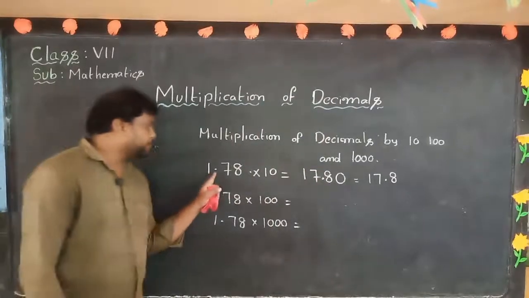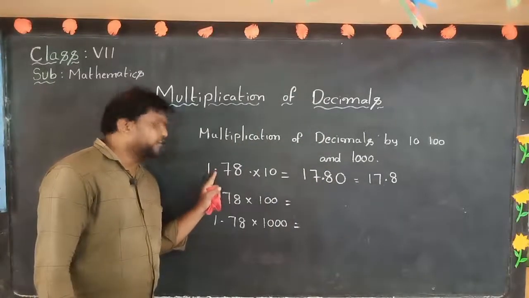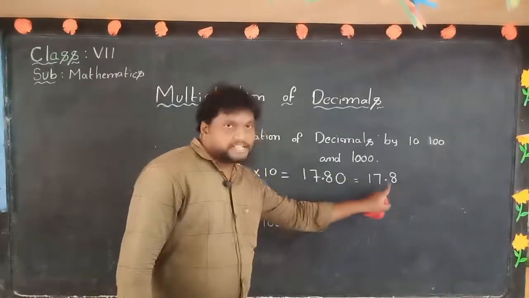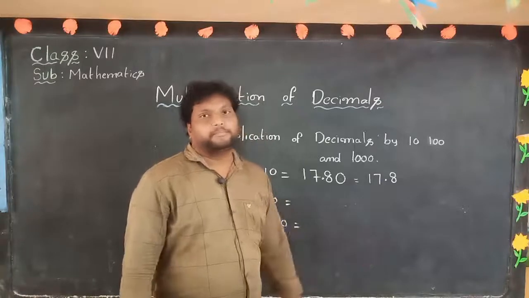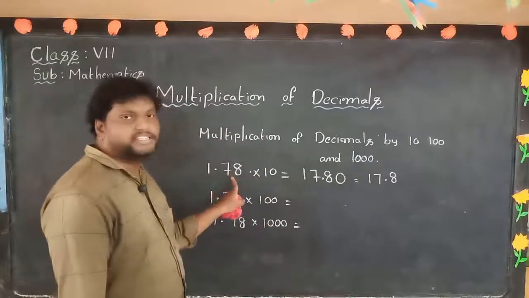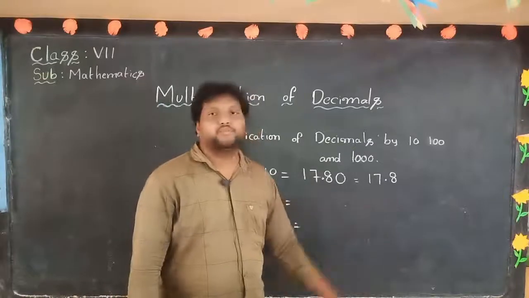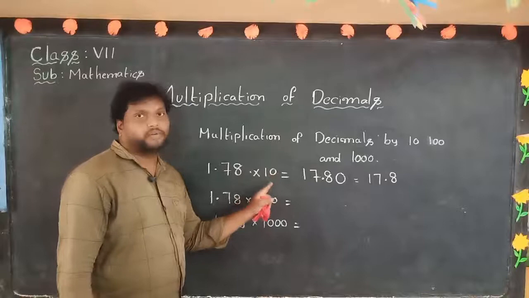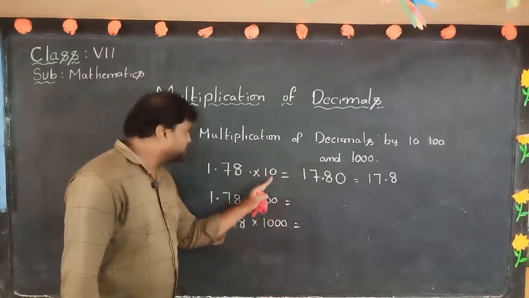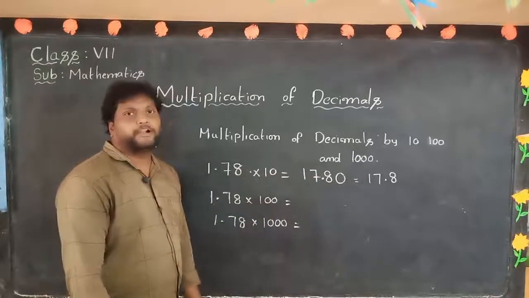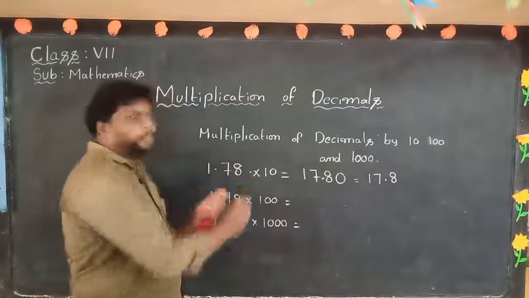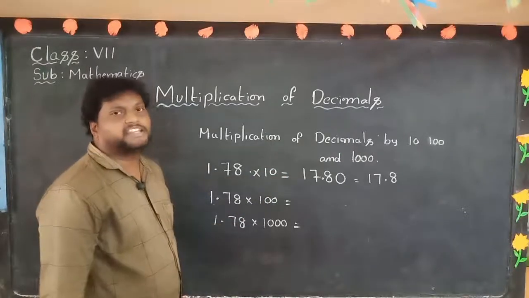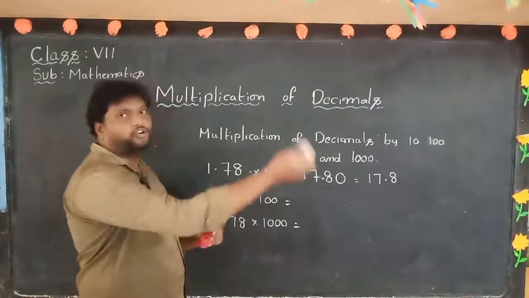In the question there are two digits after the decimal point, but in the answer only one digit, because we are multiplying with 10. In multiplication the decimal point moves from left side to right side.